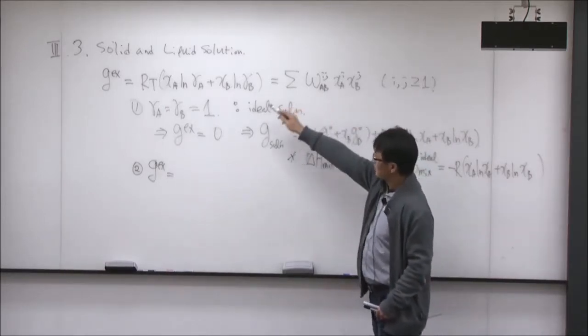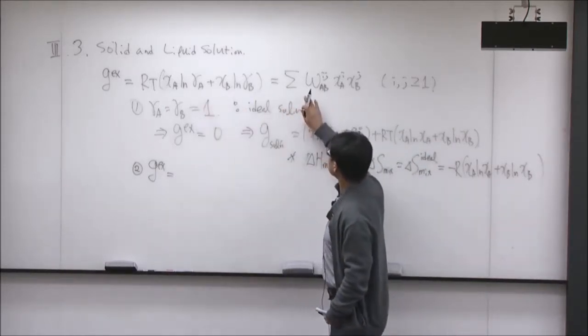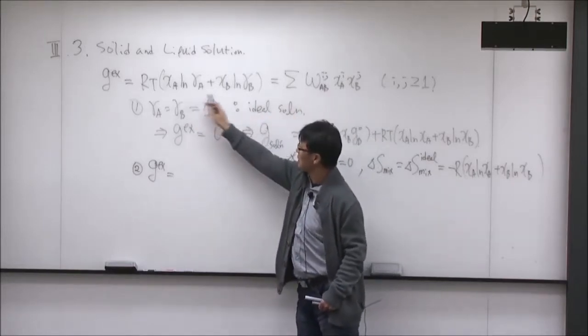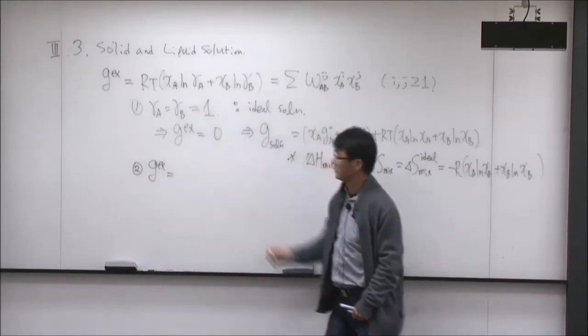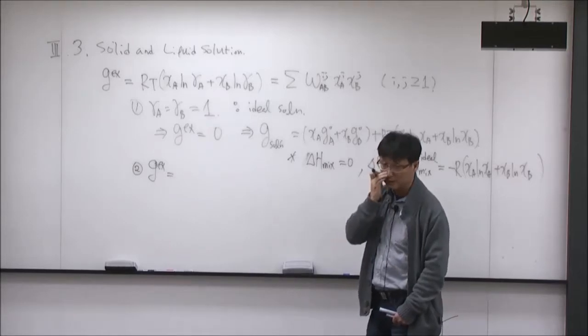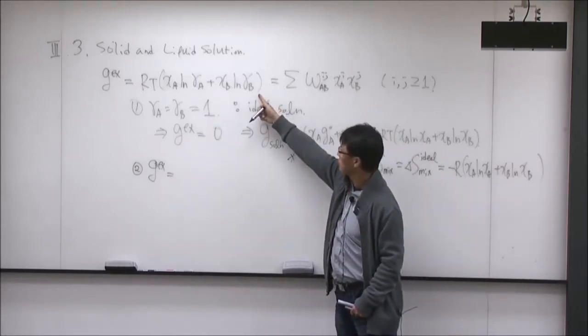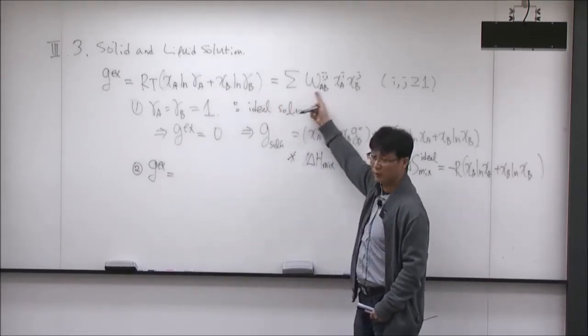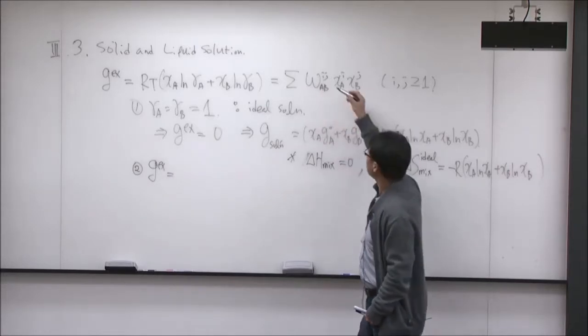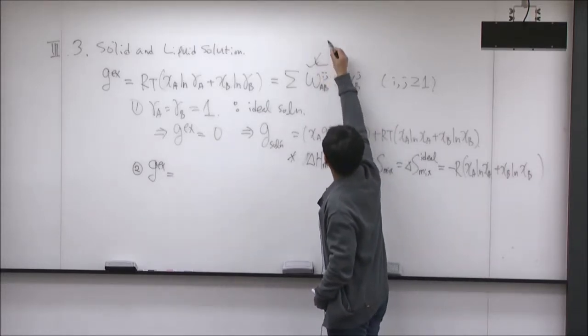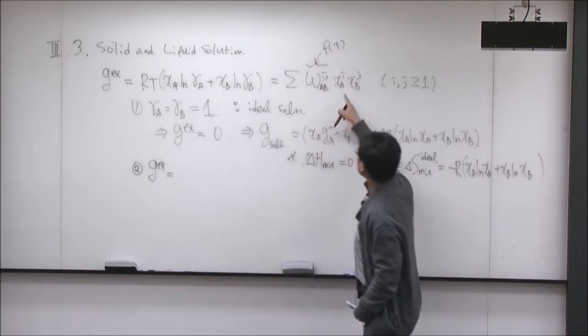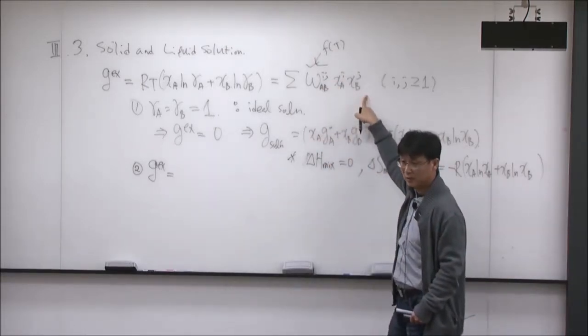So this whole thing here is the summation, this function RT ln etc. And in general this value can be expressed by this kind of function of the composition, and this is a function of the temperature here, and this function of composition is multiplied here.